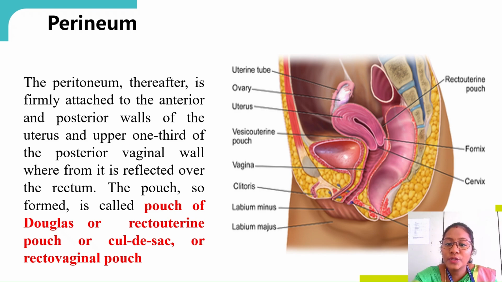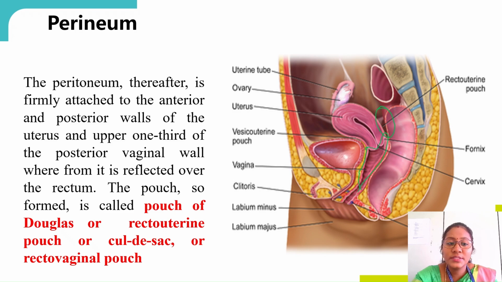See the recto-uterine region: the anterior and posterior wall of the uterus and the upper 1/3 of the posterior vaginal wall. So this is the vaginal wall, and this is the recto-uterine pouch.